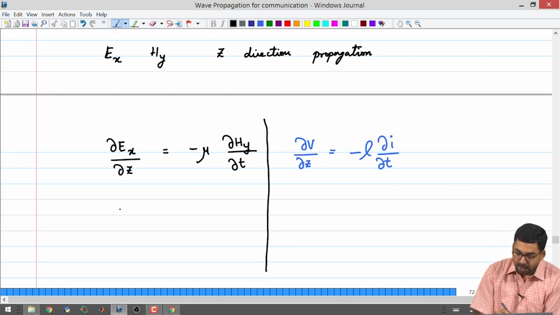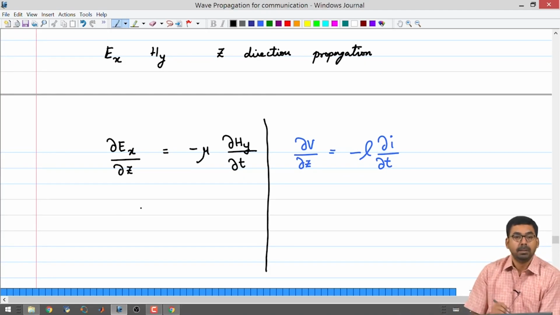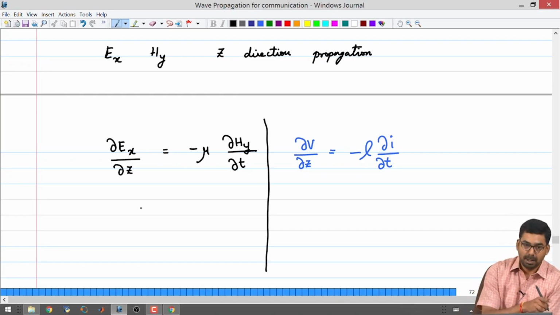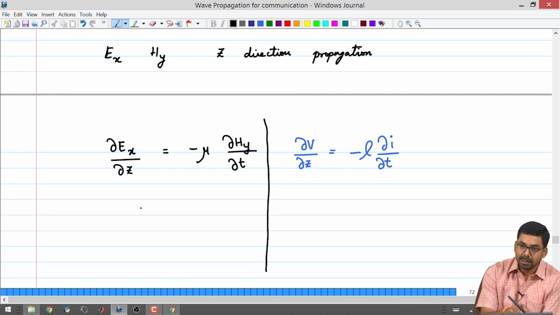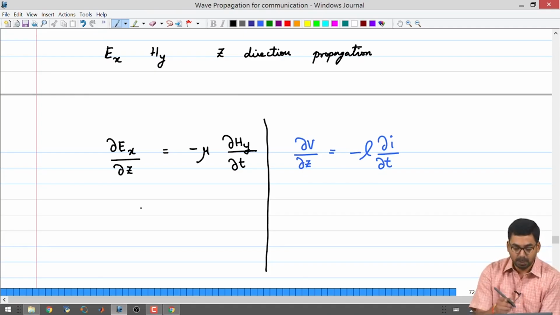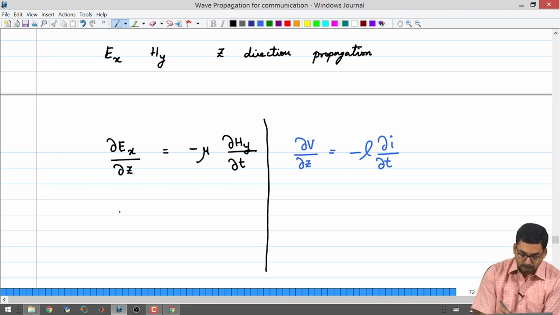Now, if I want to write down the other telegrapher's equation, I will begin with the other curl equation that I have. I will use the same rules, z direction propagation, which will mean that I can have only Ex Hy or Ey Hx, etc., but I am fixing Ex Hy over here, right. Then I will end up with another equation. I will write that equation down, right.